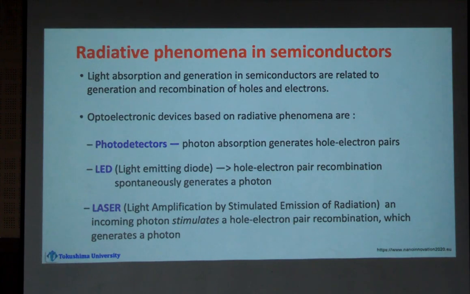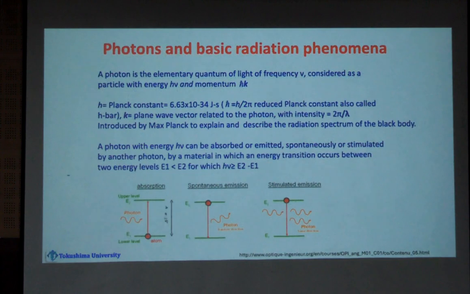Light absorption and generation in semiconductors are related to the generation and recombination of electron and hole. So everything is related to the movement of electrons. Even when we talk about simple photocatalysis or even in opto, it is everything about electron and hole.